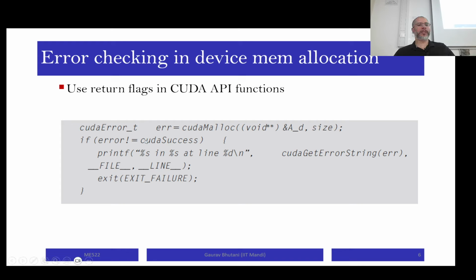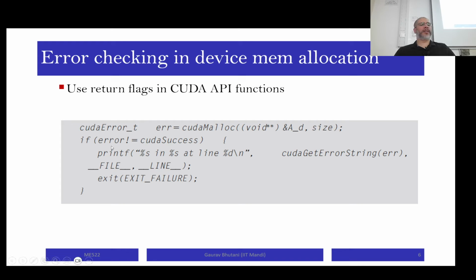So, here what we do is we have an object called err, which is basically returned from the cudaMalloc function, and this should be err, not error. So, you just check if err is not equal to cudaSuccess. Again, cudaSuccess is a constant, you do not need to worry about that, it is already available in the import statements.